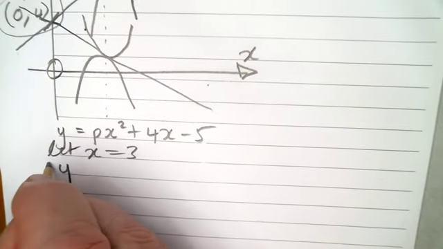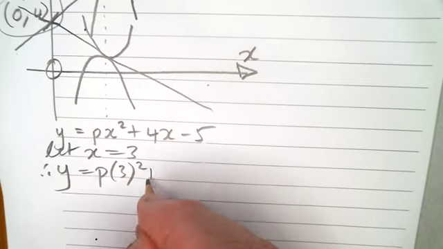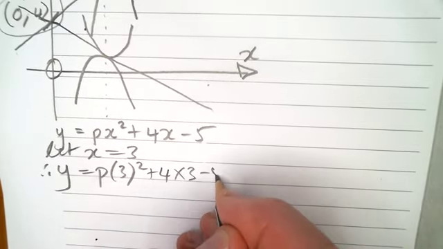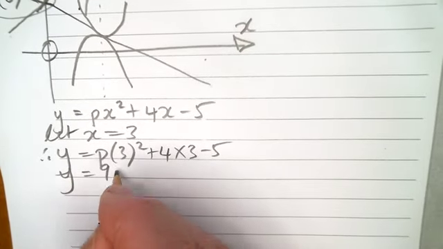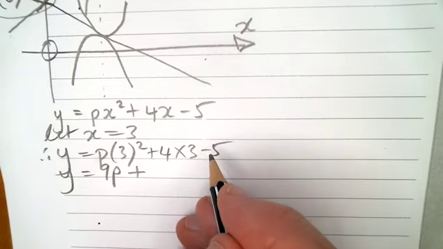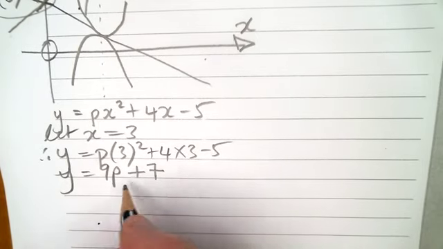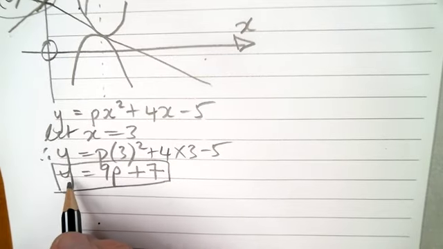So therefore y is equal to p times 3 squared plus 4 times 3 minus 5. So therefore y is equal to, well, 3 squared is 9. That's 9p plus 4 3s are 12 minus 5 is 7. So there is an expression, or an equation in this case, or value for y.